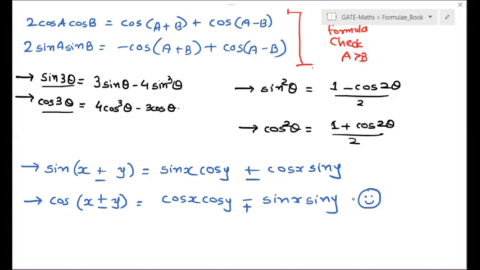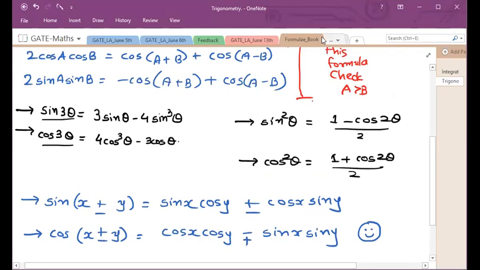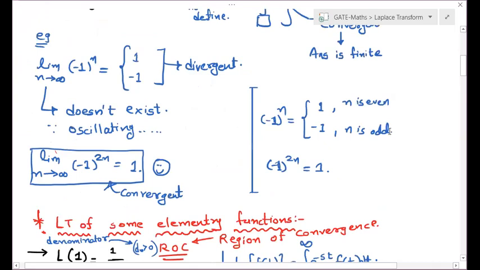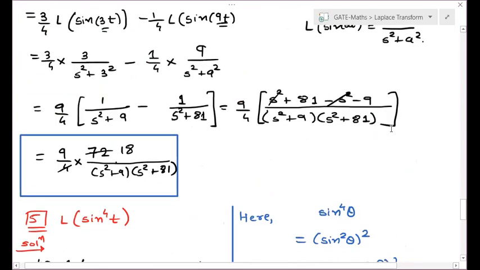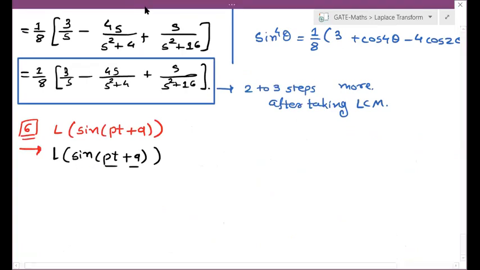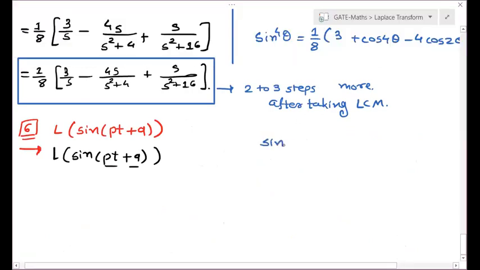Okay. So now let us use this formula in our section. Laplace of sin(pt plus q). If I apply the formula of sin(x plus y), first let me write it: sin(x plus y) is sin x cos y plus cos x sin y.